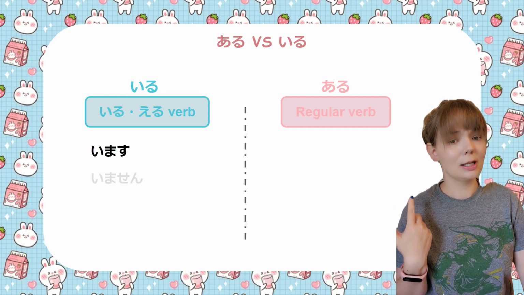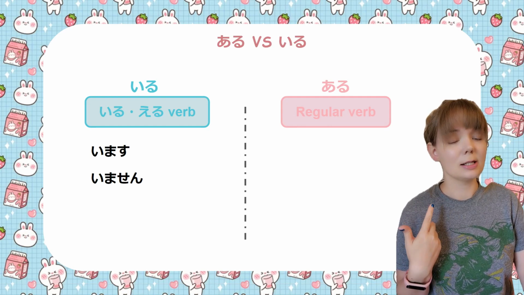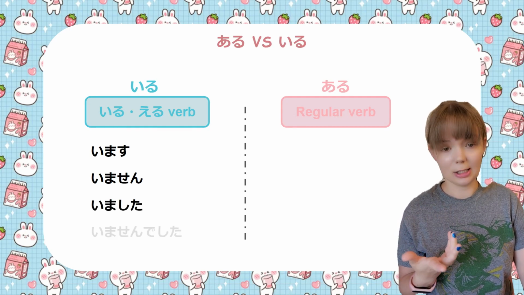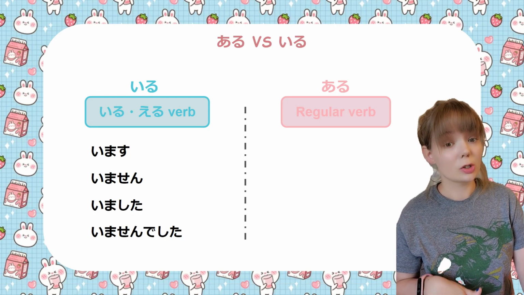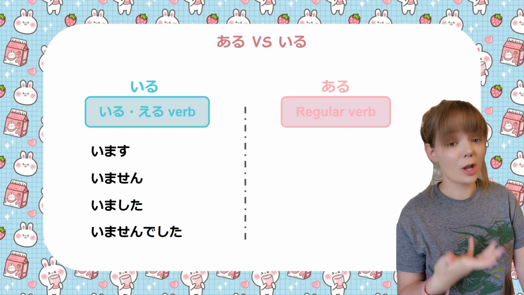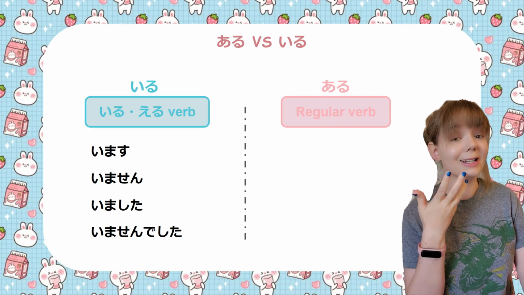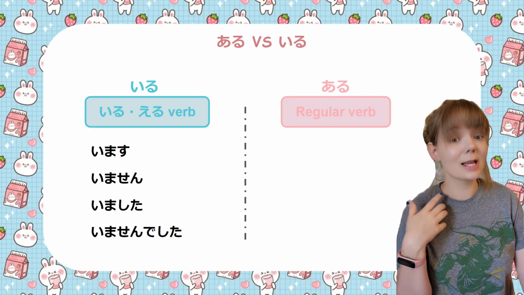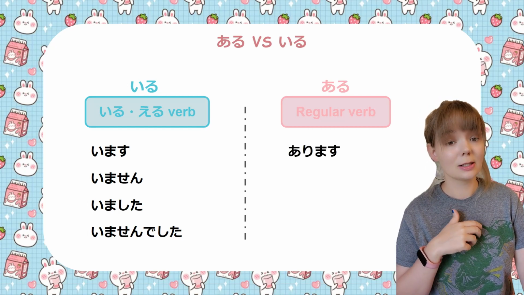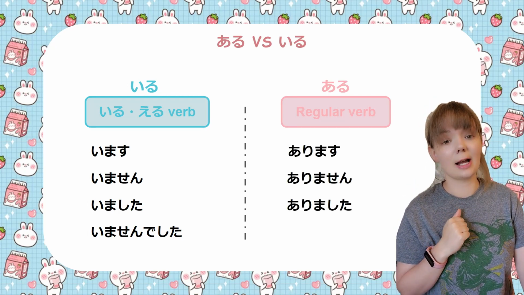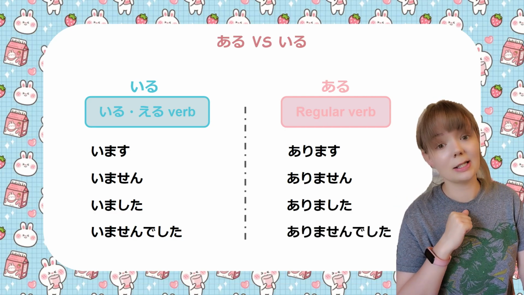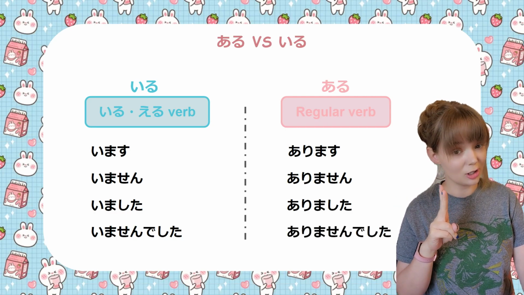Imasu, imasen, imashita, imasen deshita. But aru is a regular verb. So for aru, I need to change that ru to a ri. And it becomes arimasu, arimasen, arimashita, arimasen deshita. So they conjugate a little differently.